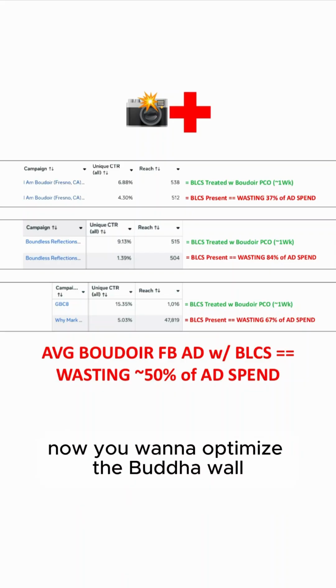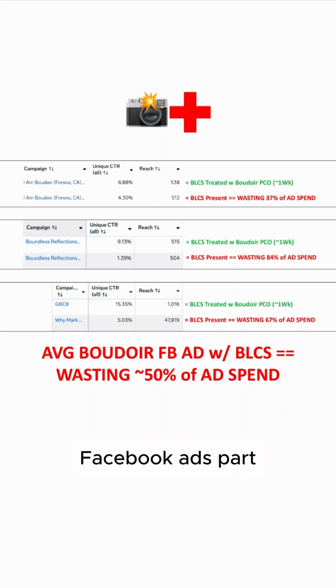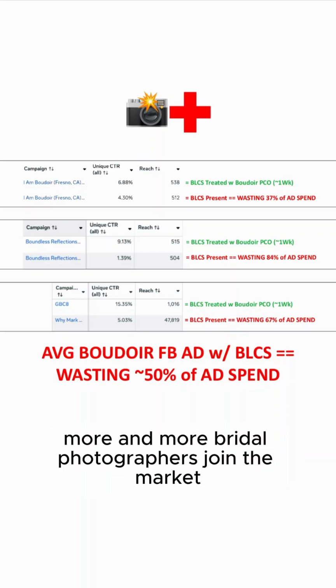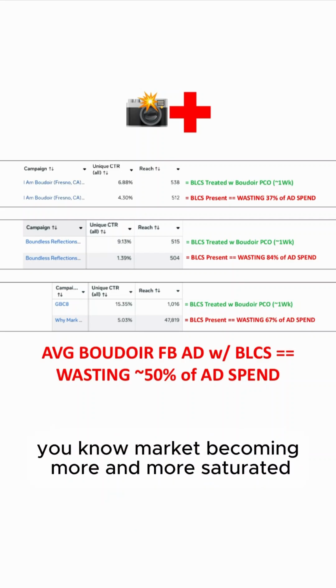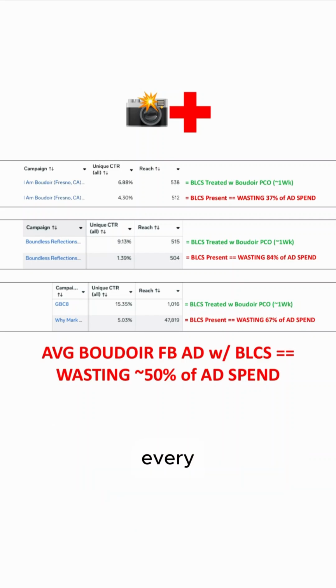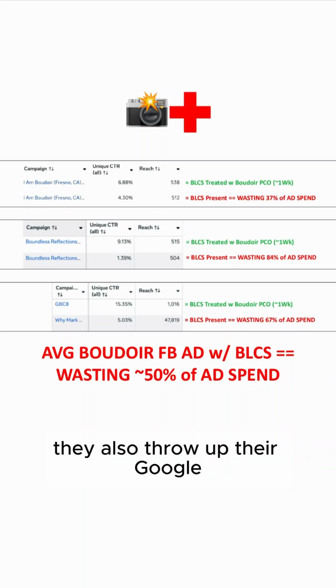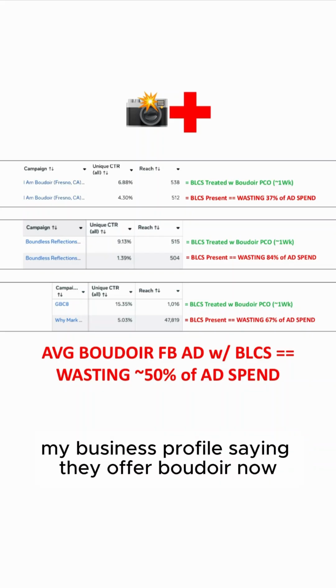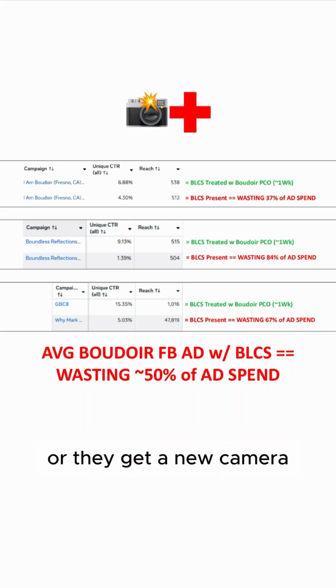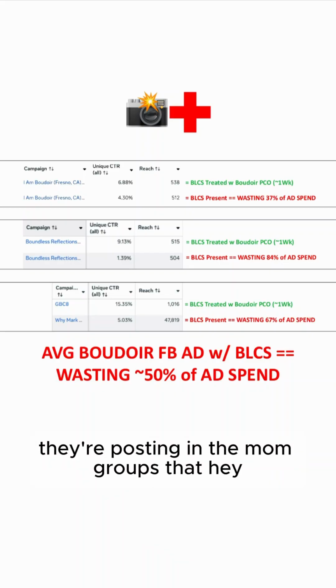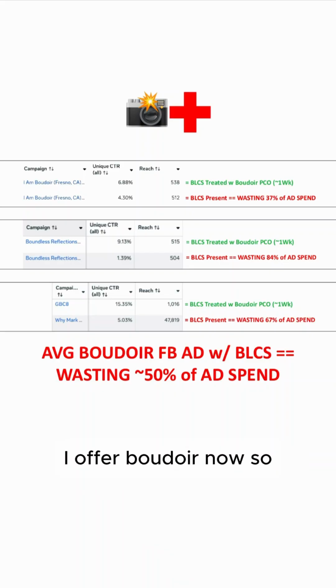Now you want to optimize the boudoir Facebook ads part. And you want to do it now because you're looking at the marketplace. You're seeing more and more boudoir photographers join the market. The market is becoming more and more saturated, seems like every day. It's like someone gets a new iPhone, they also throw up their Google My Business profile saying they offer boudoir now, or they get a new camera, they're posting in the mom groups that, hey, I offer boudoir now.